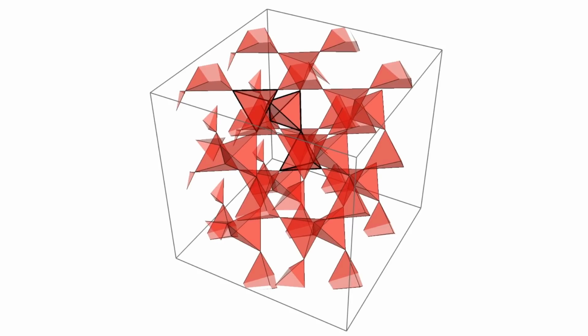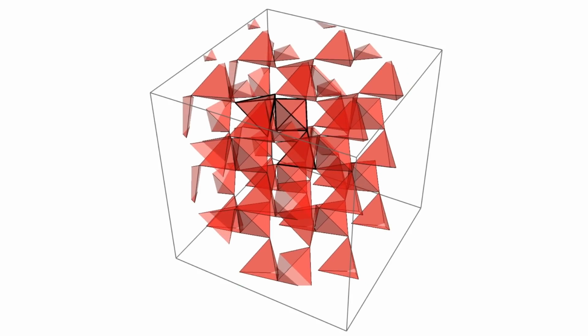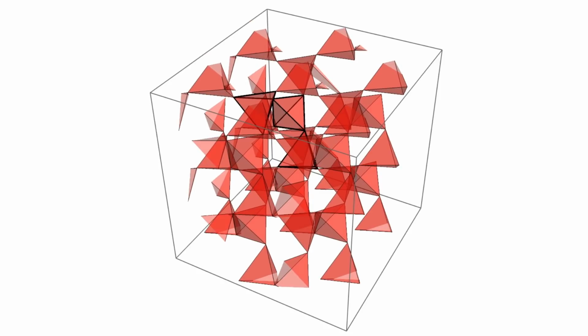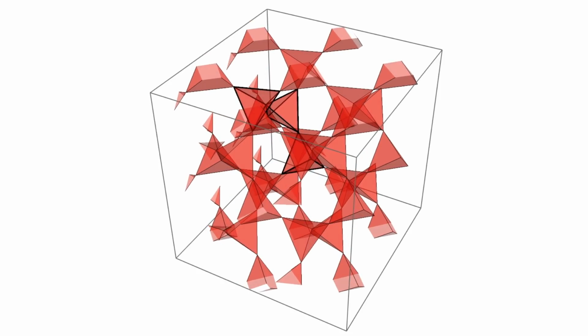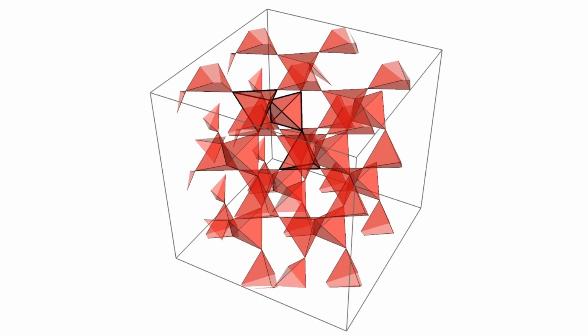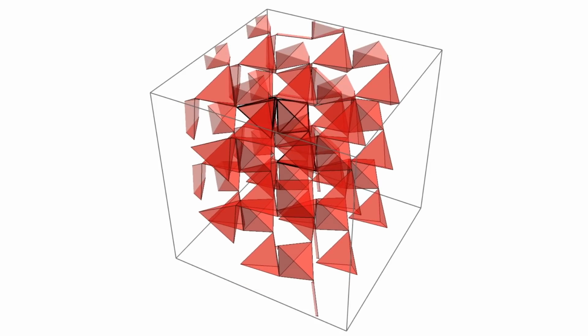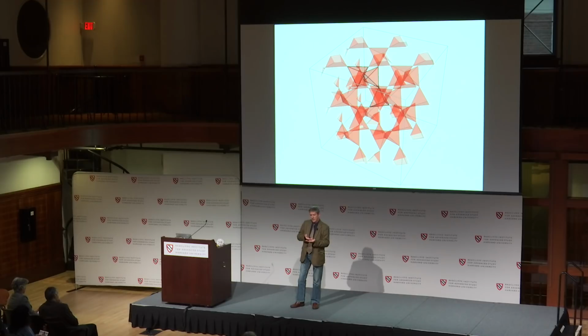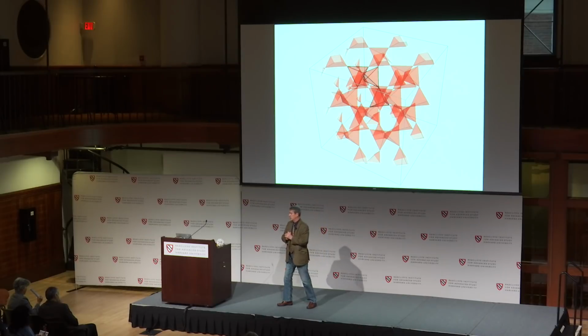And this is something that happens in the so-called alpha to beta phase transition in quartz. If you heat quartz, it goes from a less symmetric structure to a higher symmetry at a certain high temperature, and this is the back and forth of the story of quartz in that transition.